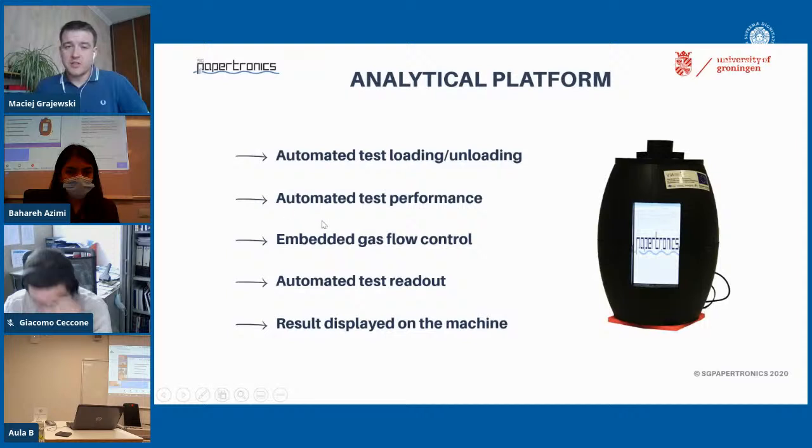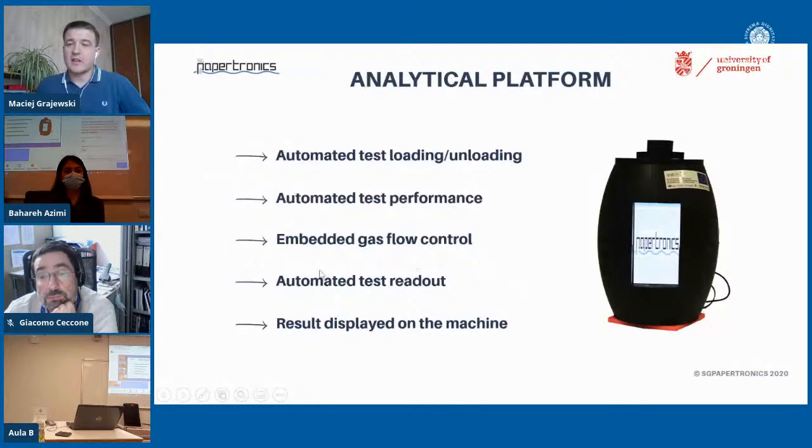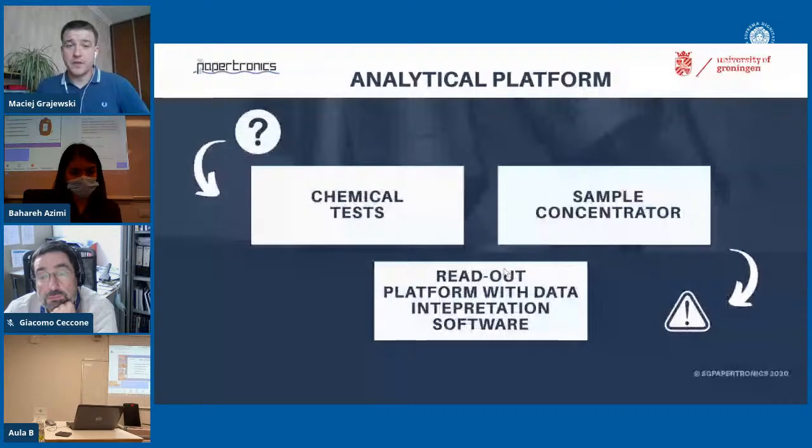We do as much as possible to automate the chemical reaction for our users and also the test readout. Everything is displayed on a touch screen, and the controlled gas flow for our invention at least is very important.